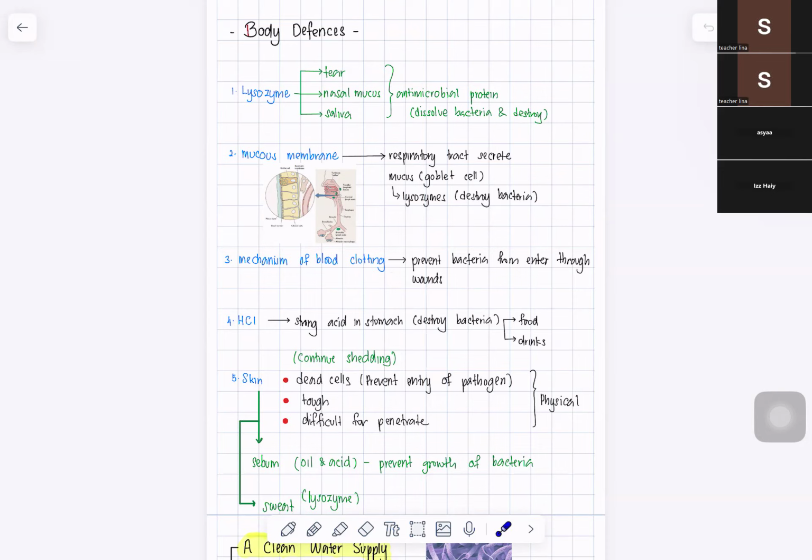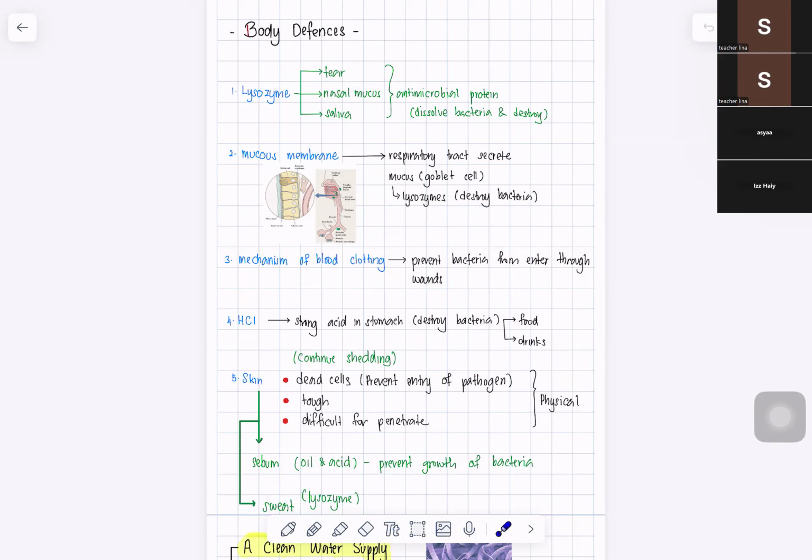Okay, how many body defenses did I explain? 3. Yes. Okay. Now can you see my screen? Yes, I can see it. How many body defenses on your screen now? 1.